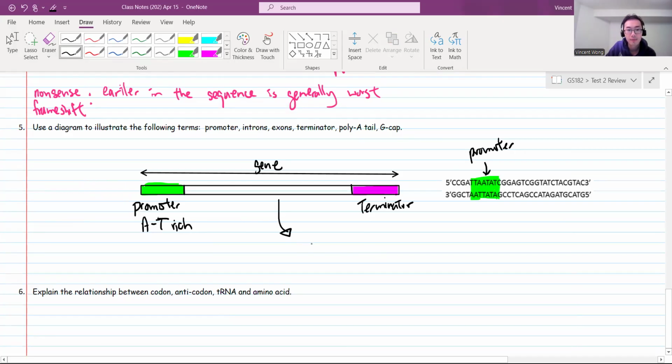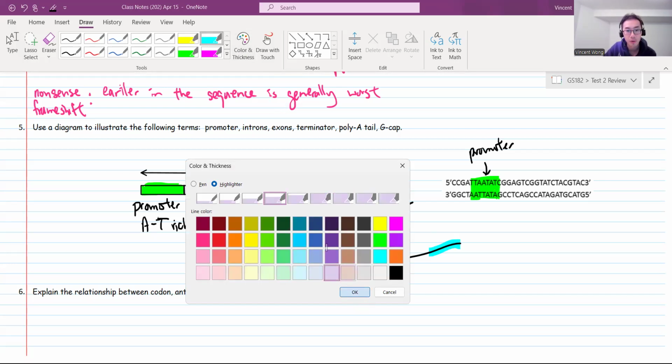That's going to get converted into the messenger RNA, pre-messenger mRNA. Now this is going to have some coding portion, and some non-coding portion.